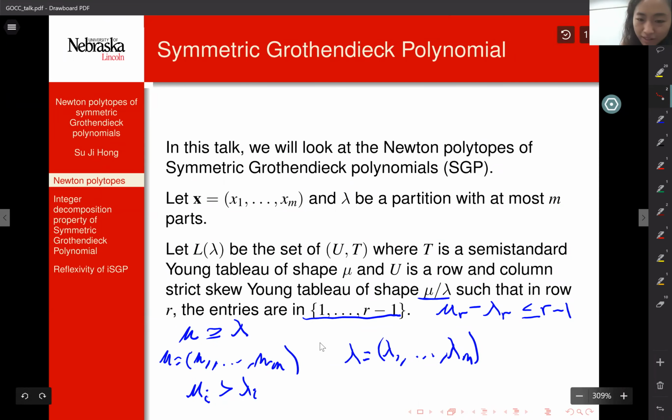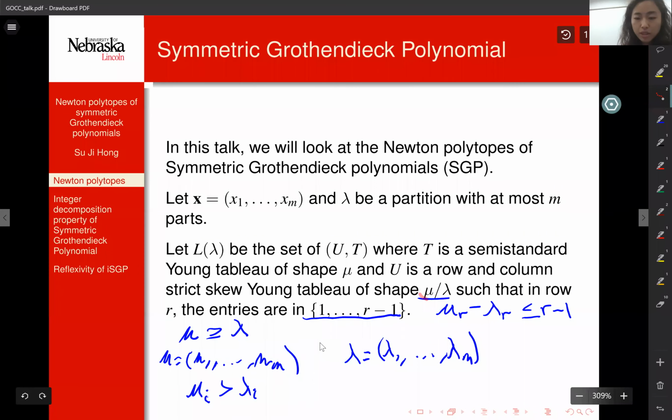So when we look at this definition, L of lambda, lambda is the one that gives the base shape. And with mu, you can think of it as adding one box to lambda in the first row, two boxes to lambda in the second row. That's how we can restrict this lambda.